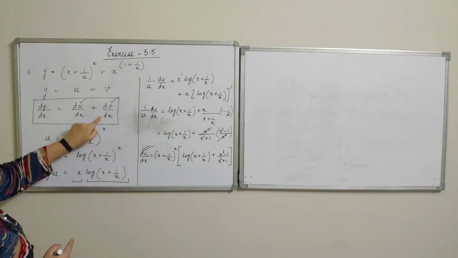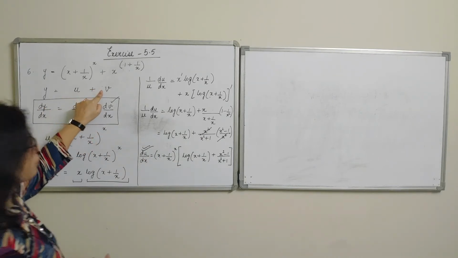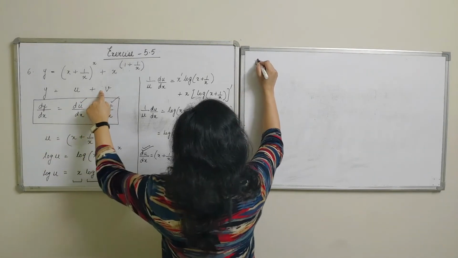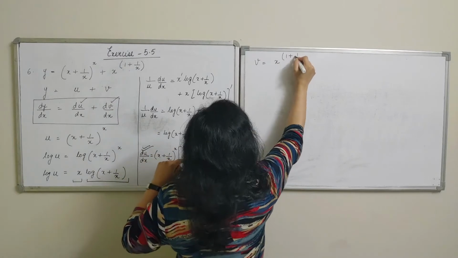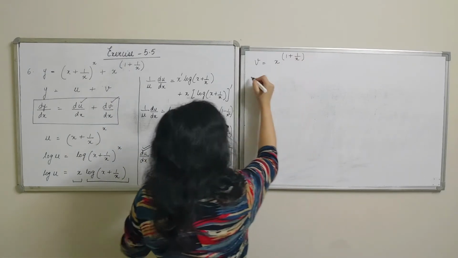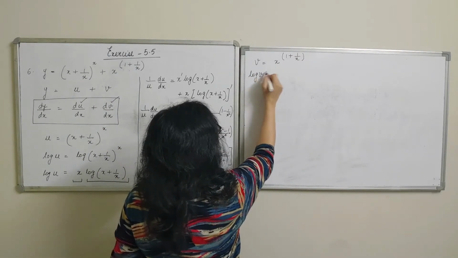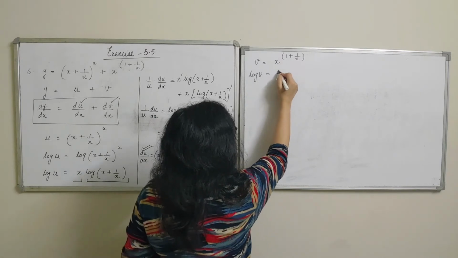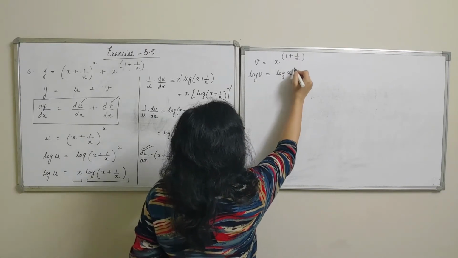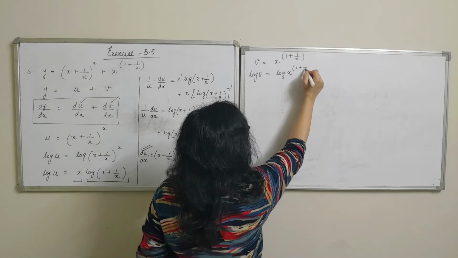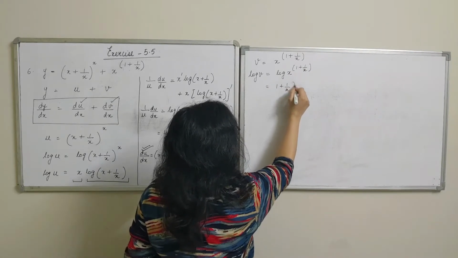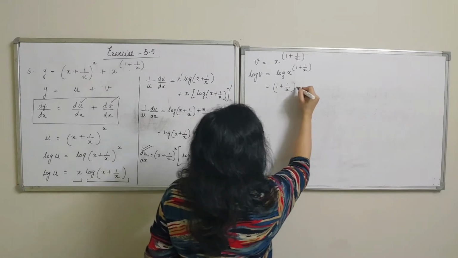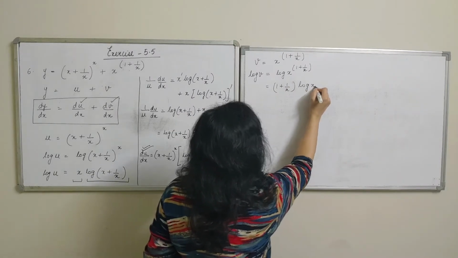Next step is to find out dv by dx. So we know what is v. We have assigned v as function x to the power (1 plus 1 by x). So once again, taking log on both sides because it is a special function, so we get log of x to the power (1 plus 1 by x), which can be written as (1 plus 1 by x) log x.